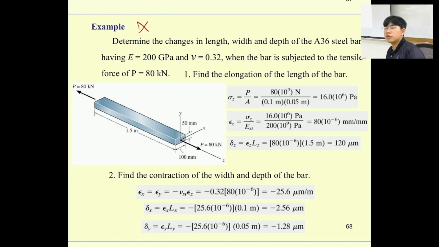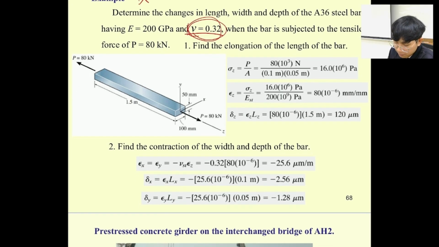It is similar to what you tested in the lab. We have stress, and then we calculate strain. But this one is going to be the reverse calculation from the lab. In the lab you test to find the Poisson ratio, but here, if you know the Poisson ratio, you can find the deformation in each axis on your own.